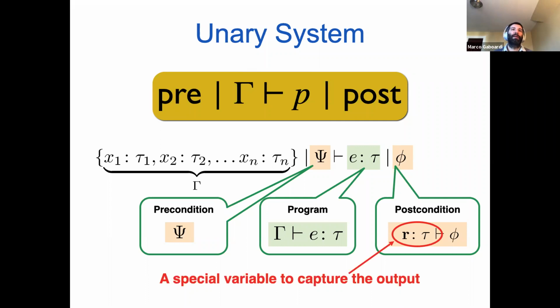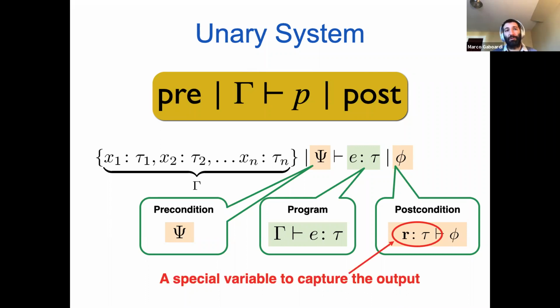So you can think about this judgment as something like this. We have a precondition, we have a context. Sorry, here I think I switched where the context is and where the precondition is. Sorry about that. We have a program that, again, you can think about as simply well-typed in simply typed PCF, and mainly we require this to be well-typed in the context gamma and having a type tau.